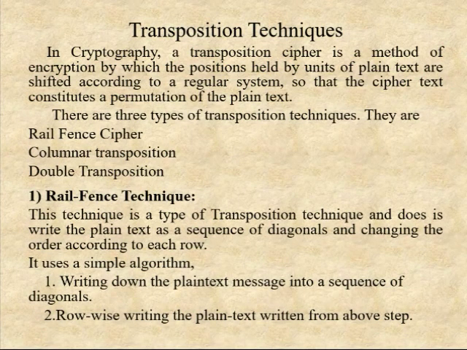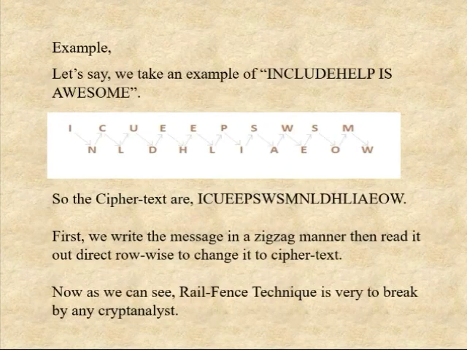First, write down the plain text message as a sequence of diagonals, and second, read it row-wise. For example, let's say the plain text is "include help is awesome". First, construct the rail fence zigzag model of the plain text following the diagram.